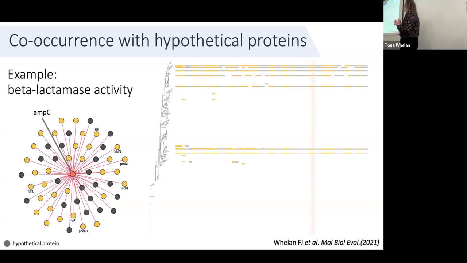I actually pitched this, I don't know, 3 or 4 or 5 months ago at an AMR workshop as potentially a way to look at what these genes are doing and how they're contributing to ampC biology. So perhaps this could be a way of building hypotheses as to what these hypothetical genes might be doing if we look at what they co-occur with.